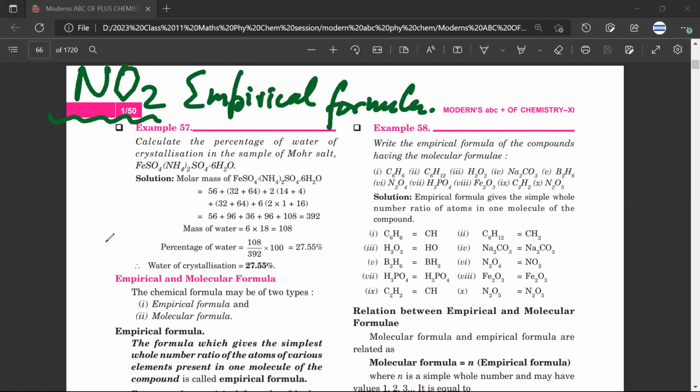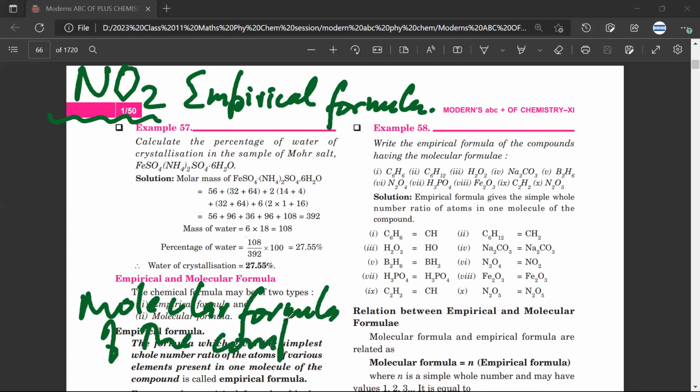But the additional information that is given to me is that the molecular formula of the compound is 64 plus 28. The additional information that is given to me is that actually the molar mass of this compound is 72 gram per mole.